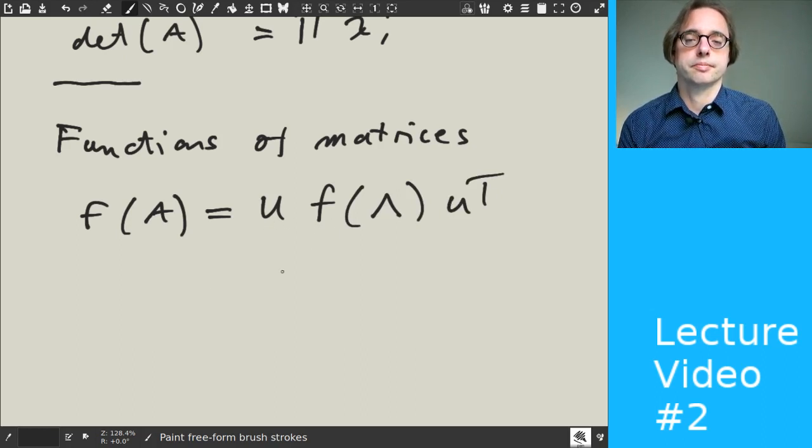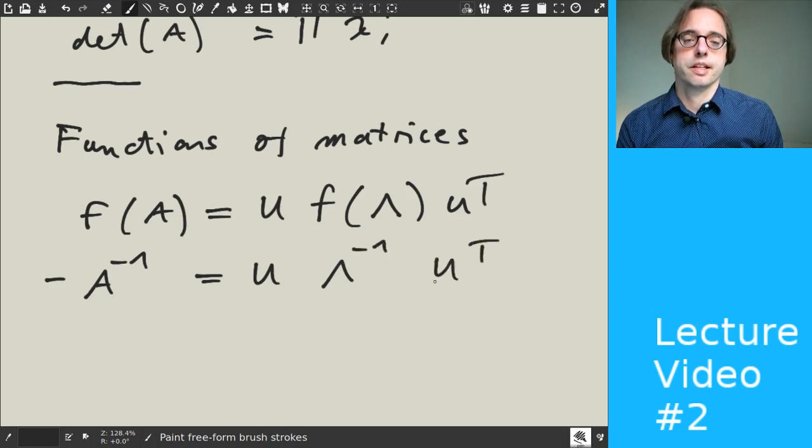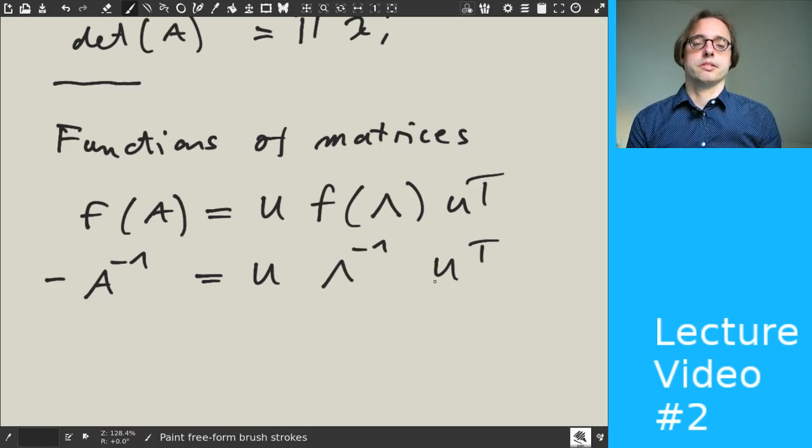So that's the definition. And an easy example would be matrix inversion. So how is this computed? This is computed by taking the eigenvalue decomposition, then multiplying the eigensystem with the inverse of the eigenvalues times the transpose of the eigenvectors.